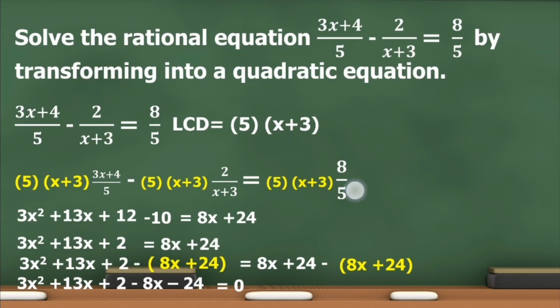Kunin muna natin class yung 3x squared. Tapos, combine natin yung dalawang linear term. 13x minus 8x is equal to 5x. Tapos, yung dalawa nating constant term, positive 2 minus 24 is equal to negative 22. So, 3x squared plus 5x minus 22 is equal to 0.